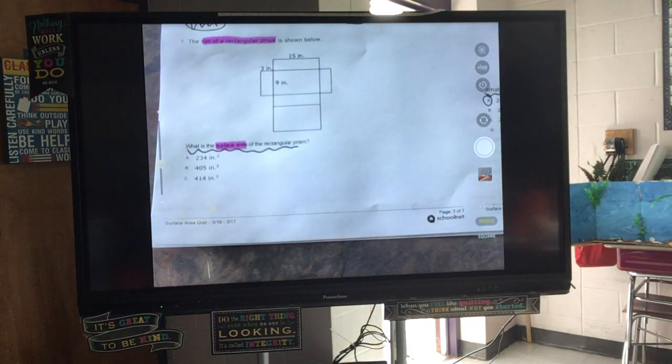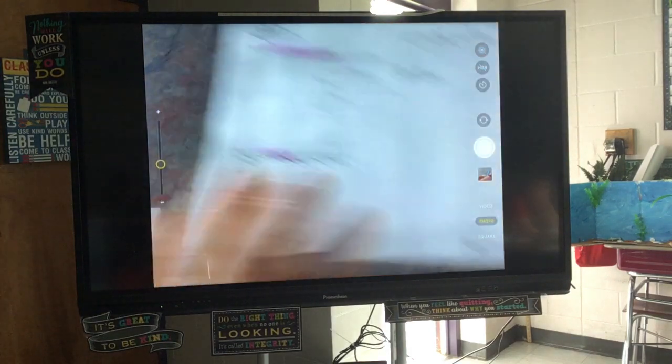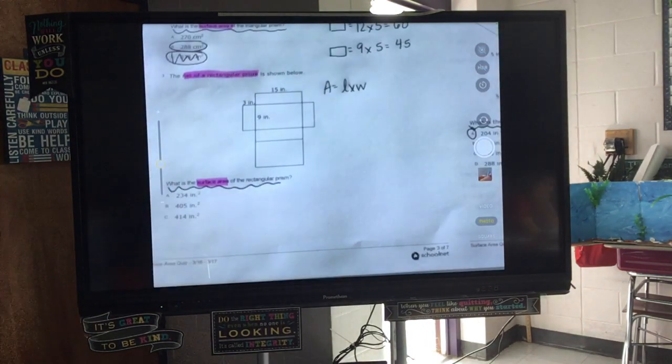So, what do we know about all the shapes in this rectangular prism? Alex, what do we know about every shape that is up there? They're all rectangles. So the only formula you are going to be using is length times width, right? All right.